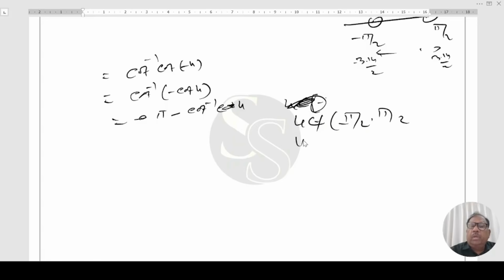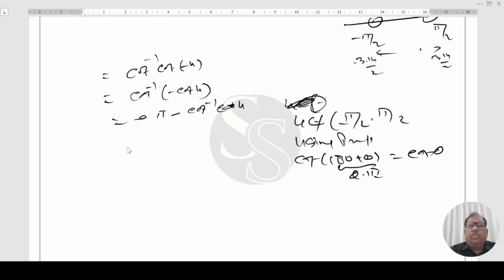So using the property cot of 180 plus theta equal to cot theta, the trigonometric function does not change in this quadrant. That is pi minus cot inverse cot of pi plus 4 minus pi.